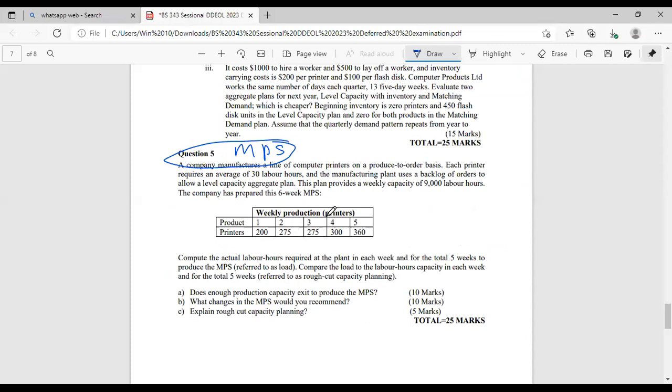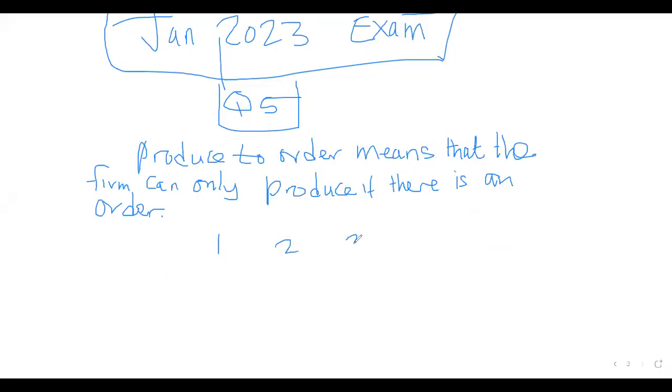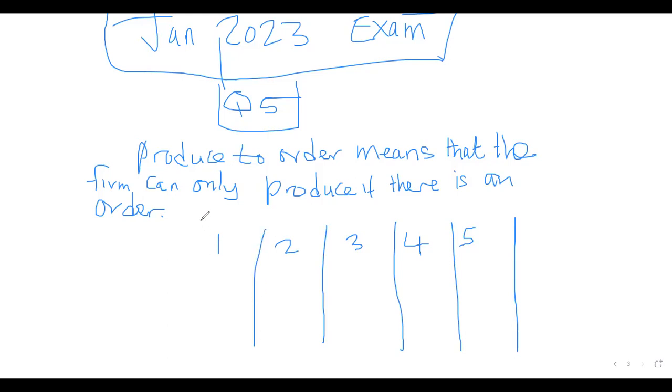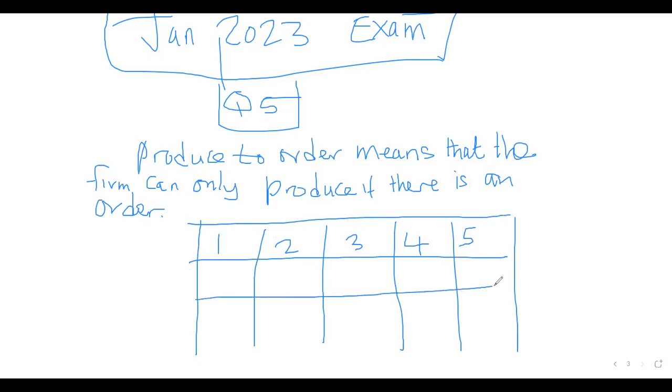So weekly production, for the product, week 1, 2, 3, 4, 5. These are the weeks.